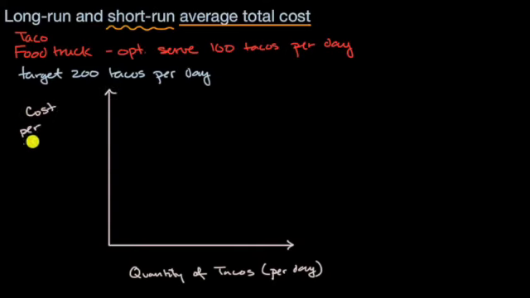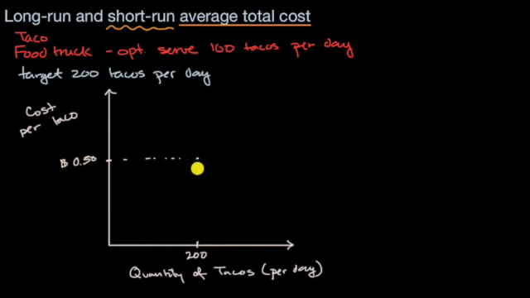And let's say, since you're optimizing for 200 tacos per day, you want to minimize your cost per taco at 200 tacos per day. That happens with 2 food trucks. So if we're at 200 tacos per day, let me put it right over there, we get to a cost per taco, average total cost per taco. Let's say that is 50 cents.